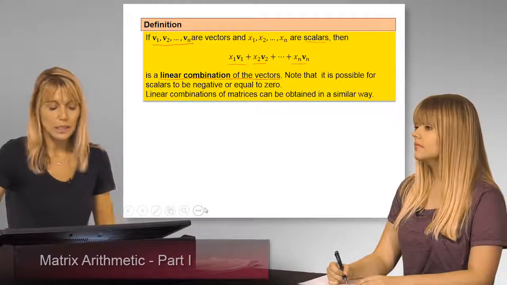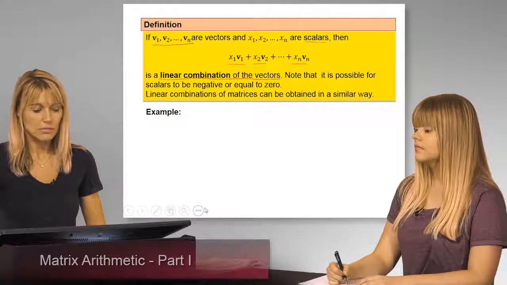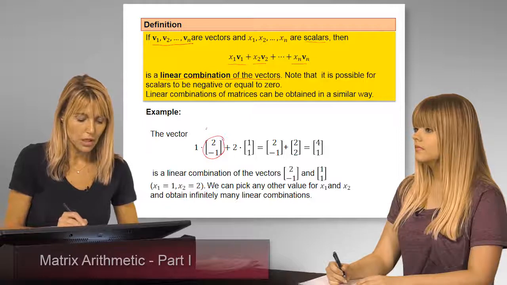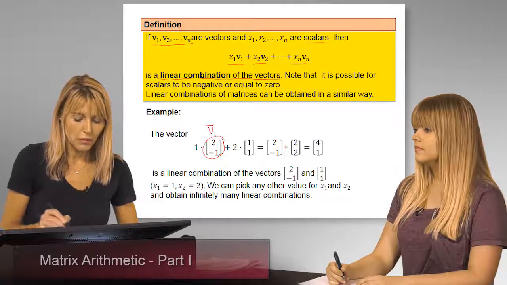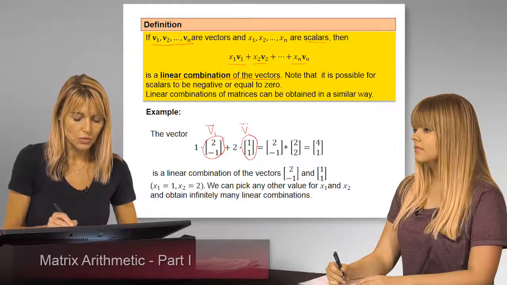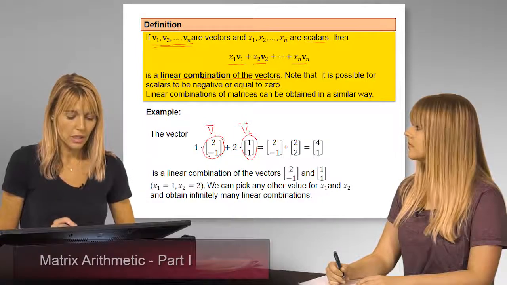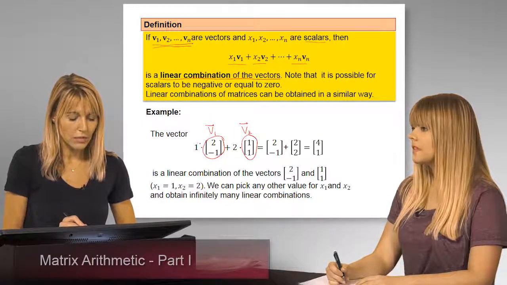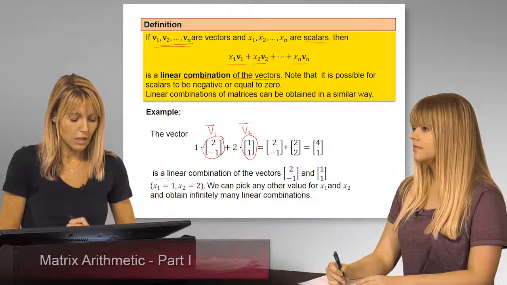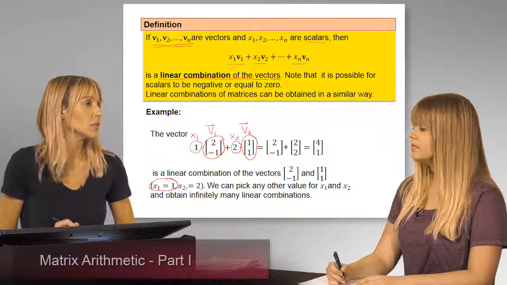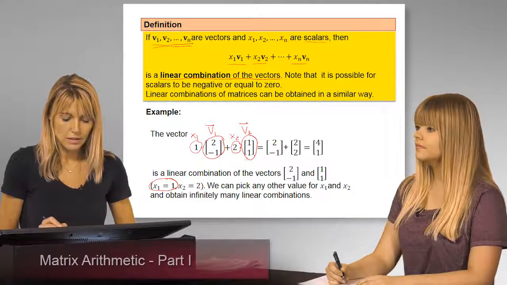So let's look at a quick example. OK, so here we have two vectors. So we can call them v1 and v2 to be consistent with our definition. And we put a scalar in front of v1. In this case, it's 1. So that would be our x1. And then we put a scalar in front of v2, which we can look at as our x2, and we add.